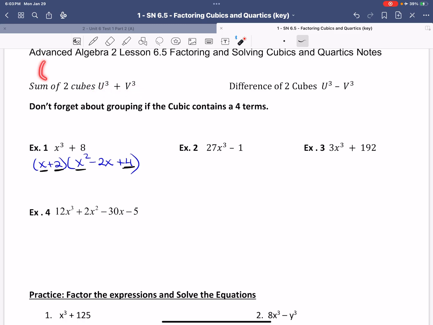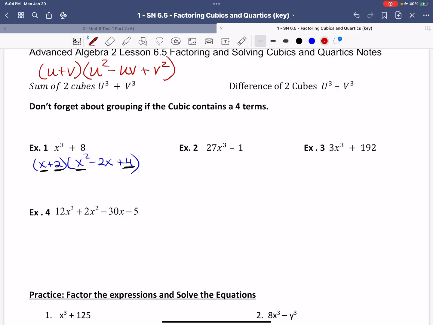The pattern is u plus v times u squared minus uv plus v squared. Sorry, not 2uv. Let me try that again. It is u squared minus uv plus v squared.